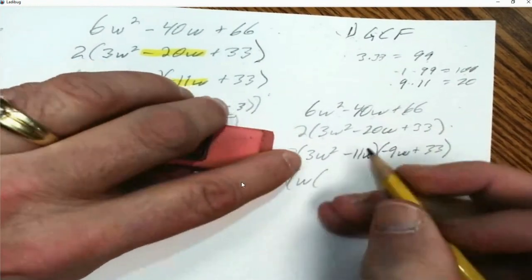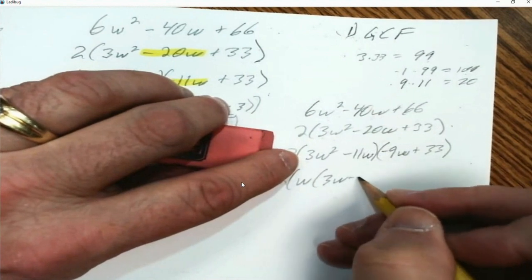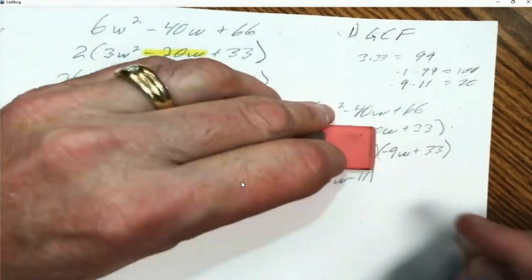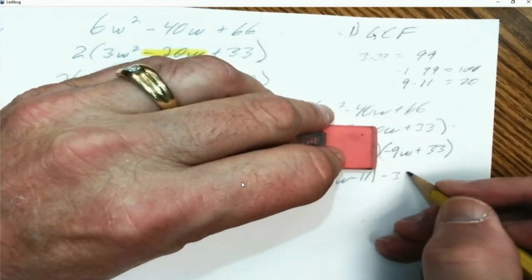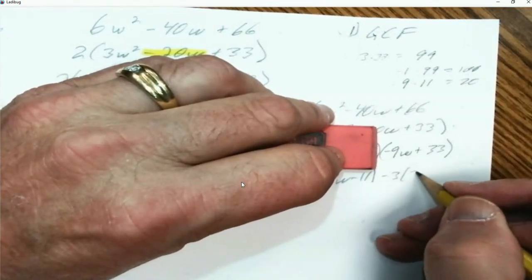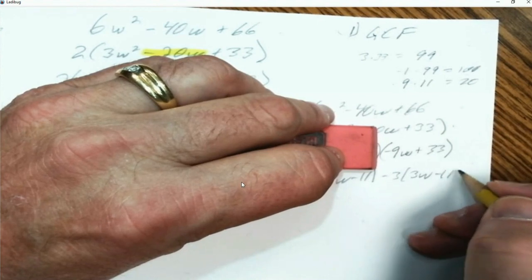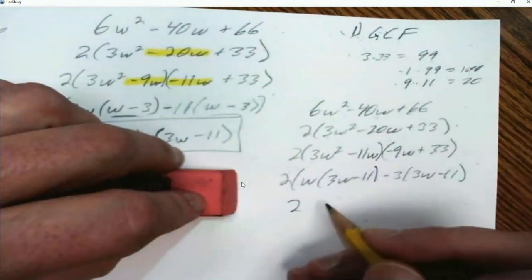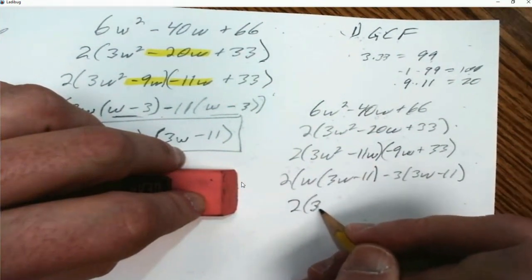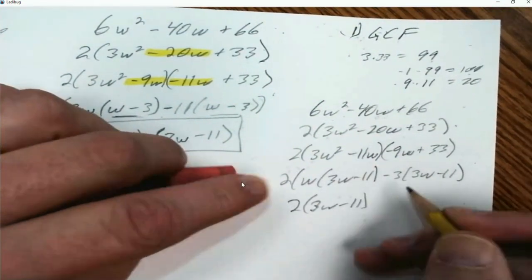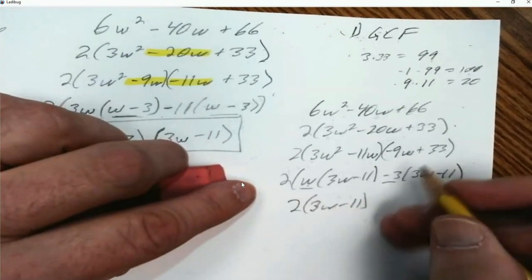And when I take w out, I get 3w minus 11. But what factors out of here is a negative 3. And that leaves 3w minus 11. So when I factor 3w minus 11 out of both of those, that leaves w minus 3.